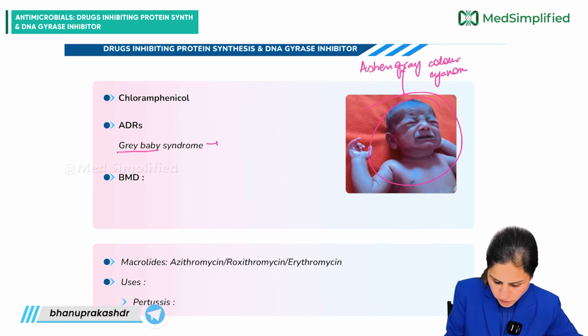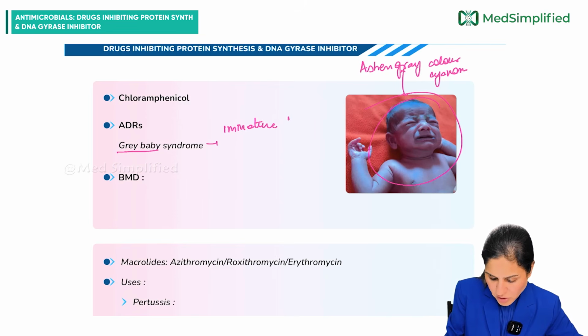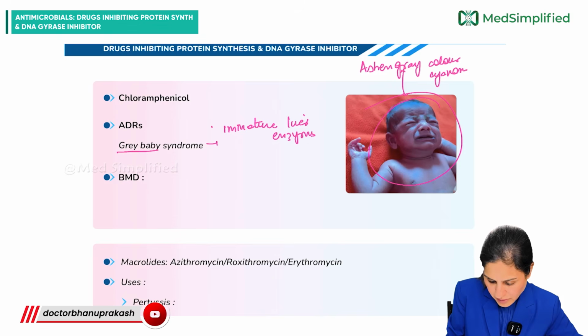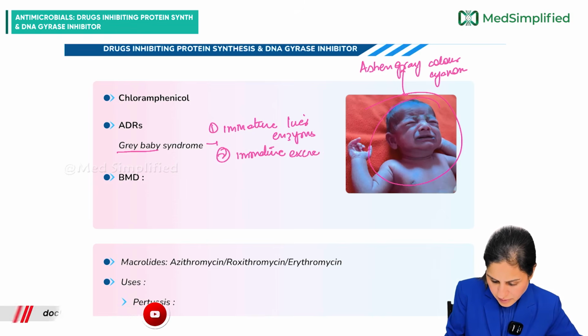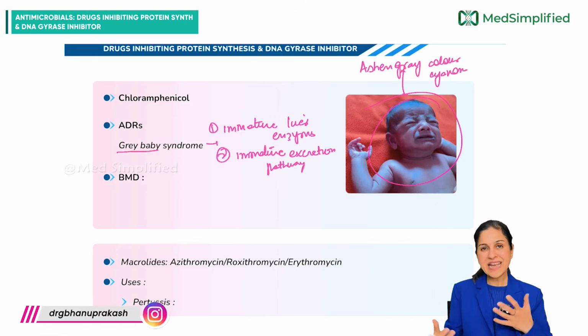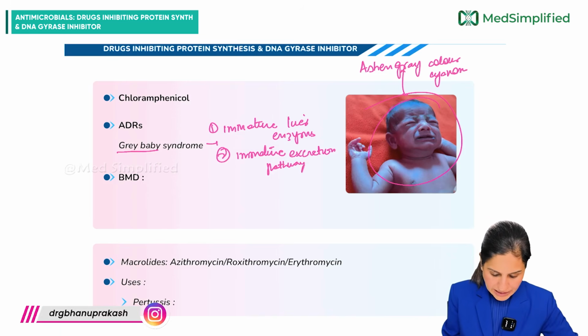So this is because of the immature liver enzymes, number one, and number two, the immature excretion pathway. The kidneys are still developing in that child. That leads to gray baby syndrome.